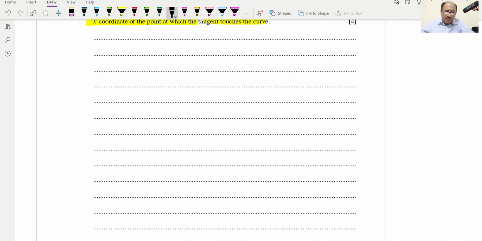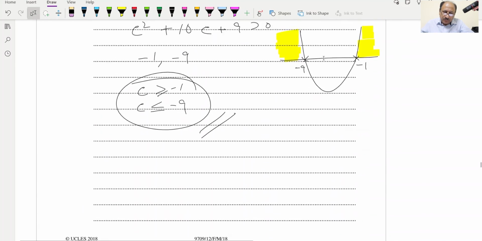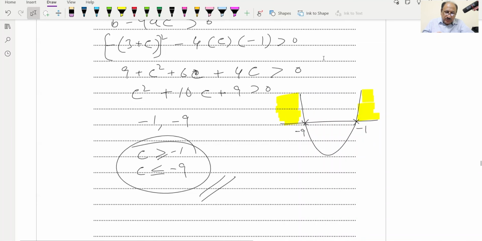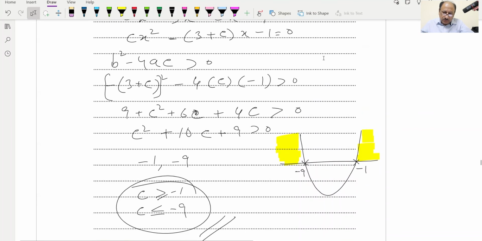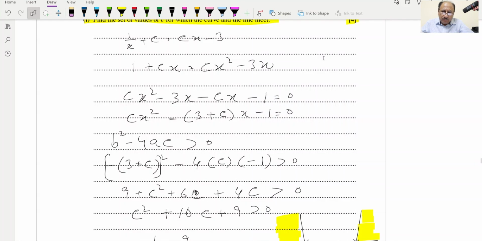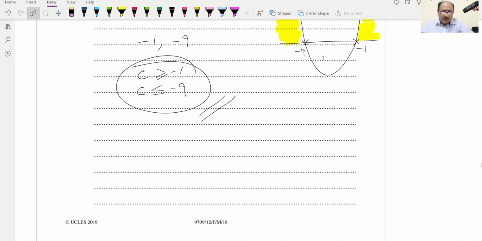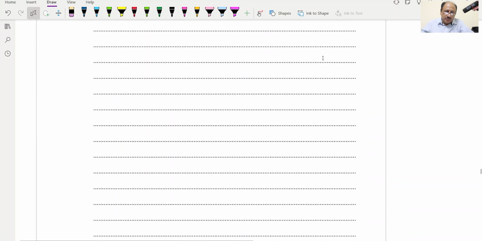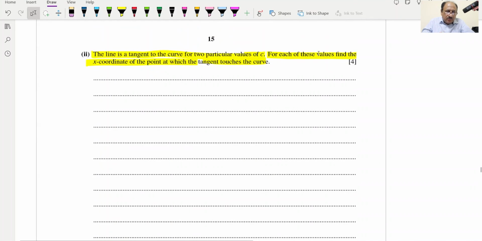So from part 1, we have this equation, cx squared minus (3 plus c)x minus 1 is equal to 0, which I'll be utilizing.